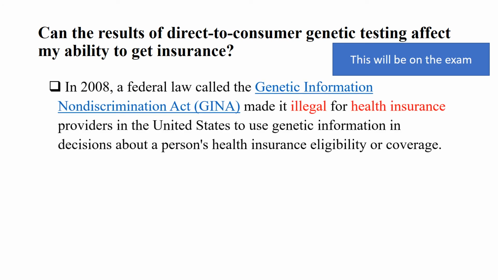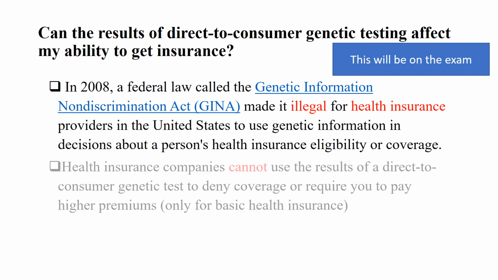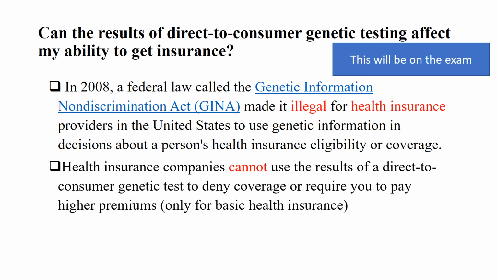In 2008, a federal law called the Genetic Information Non-Discrimination Act made it illegal for health insurance providers in the U.S. to use genetic information in decisions about a person's health insurance eligibility or coverage. In other words, health insurance companies cannot use the results of a direct-to-customer genetic test to deny coverage or require you to pay higher insurance premiums.